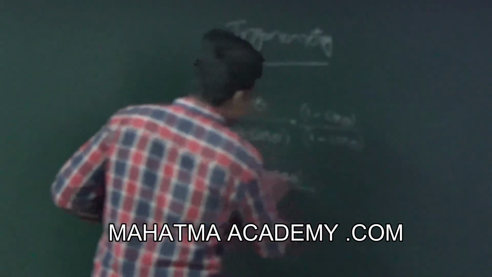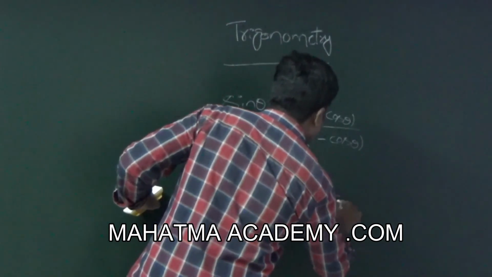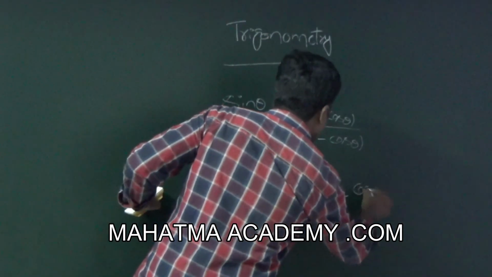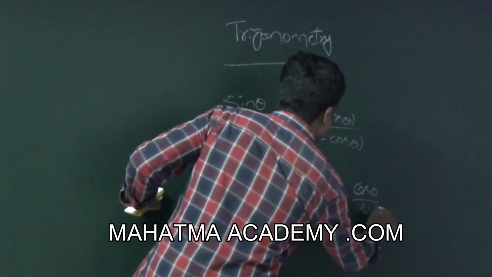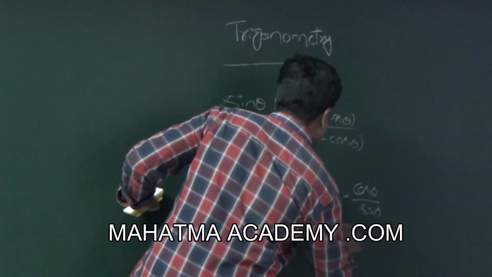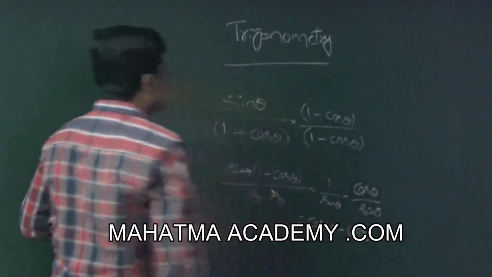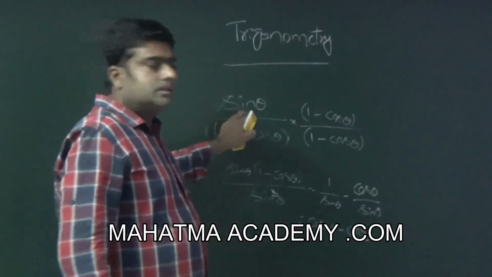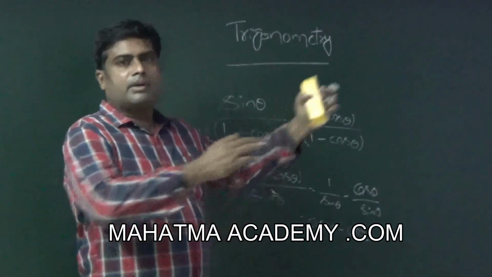What about 1 by sin theta minus cos theta by sin theta? Equals cosec theta minus cot theta. In this way, we will solve the problems easily with the help of the derived formulas from the main equations.